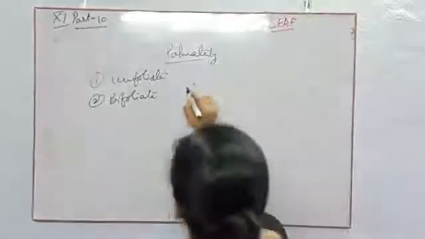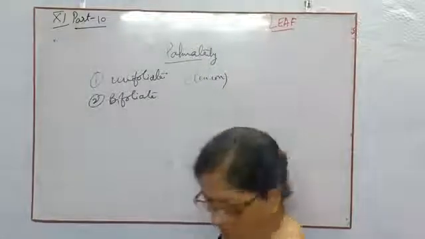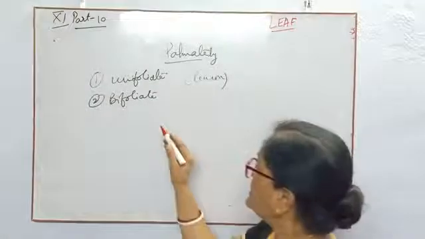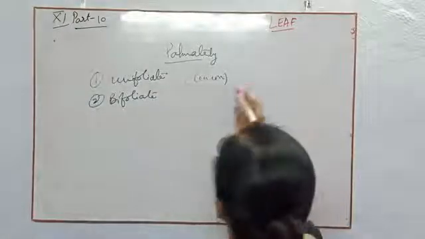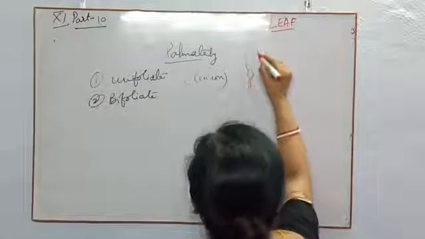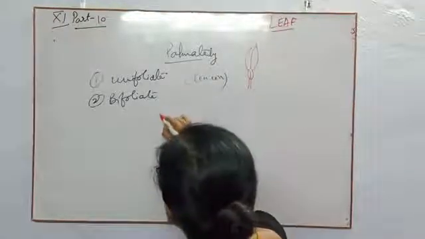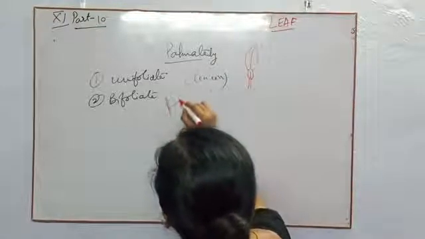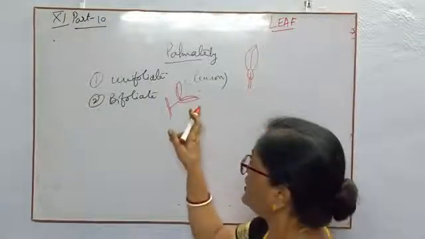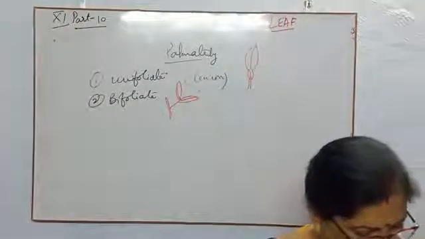Example of it is lemon leaves or any citrus leaves. This is the unifoliate. Bifoliate means from one point, two leaflets will arise.